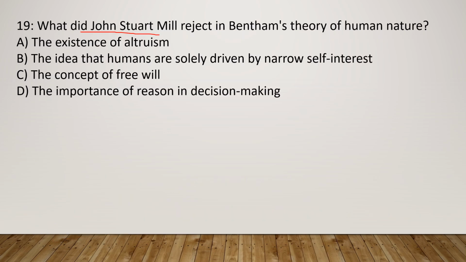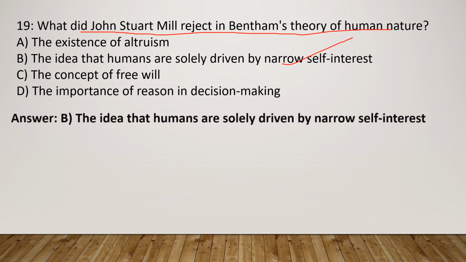What did John Stuart Mill reject in Bentham's theory of human nature? It was the idea that humans are solely driven by narrow self-interest. Option B is the correct option.